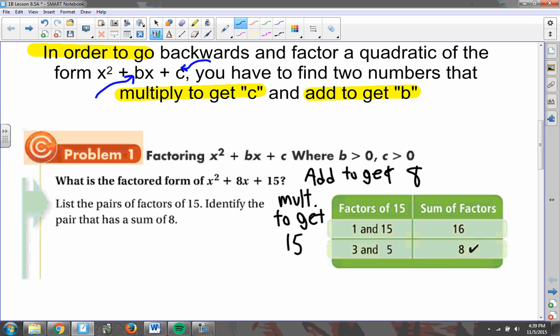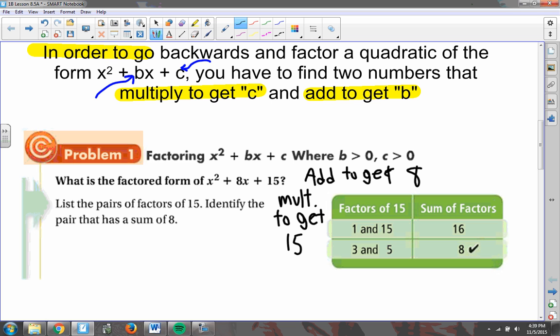So the way your book does this, which I think is a pretty handy way of doing it, is we're just going to list out the factors of 15 and then see which ones of them add up to be 8.